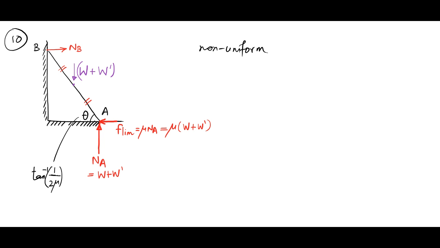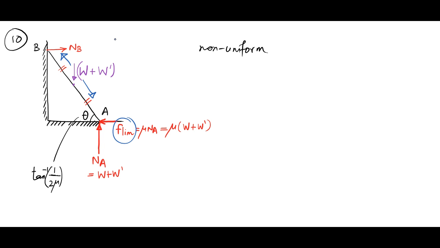Now when that happens, depending on whether W plus W dash shifts in this direction or in this direction, I will now show to you that the ladder is either going to be in comfortable equilibrium, meaning this limiting friction will now become static friction, comfortable friction, or in the other case the ladder will simply slip, it will lose equilibrium.